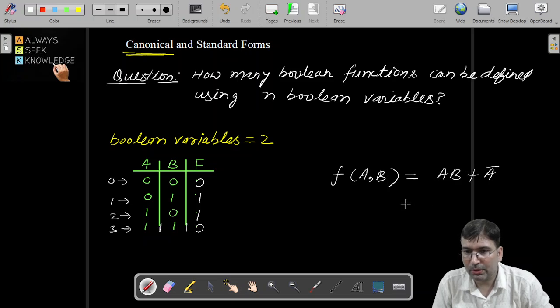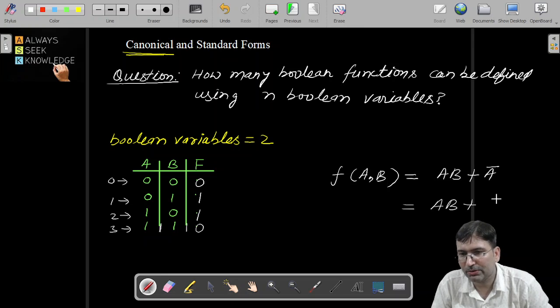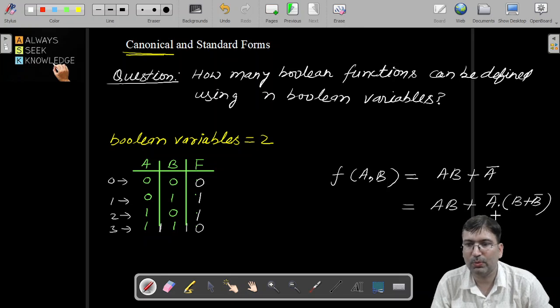So let's say if you want to convert into the canonical form, how can we do it? So a b is fine because there are only two Boolean variables, but this a bar is not fine. So along with a bar, we can write b or b bar, because b or b bar represents 1. So a bar dot 1 we can write, because a bar dot 1 will give us a bar only, right?